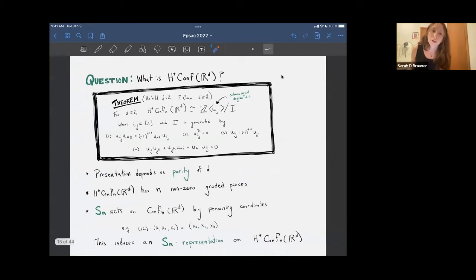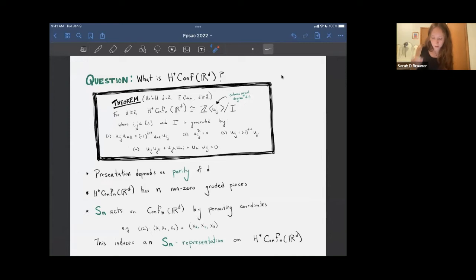Okay, so a very natural question you could ask is, what is the cohomology of this space? And this has been answered by Arnold and Fred Cohen. So here's the presentation, and I don't want to dwell too much on what it looks like. I just want to note three things. First of all, even though we're thinking about this for a general D, it turns out that the presentation only depends on the parity of D. So I'm going to get an odd presentation and an even presentation.